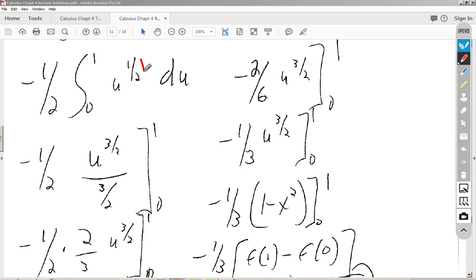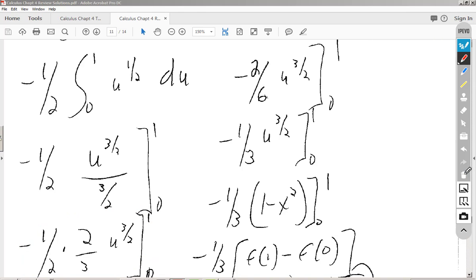So remember, this is going to be u to the 1/2 plus 1, all over 1/2 plus 1. And 1/2 plus 1 is going to give you that 3/2. This is all over 3/2. And now I'm going to go ahead and flip it up. So when I flip it up, I get negative 1/2 times 2/3 all u to the 3/2. So now that I've done that, I'm going to resubstitute.